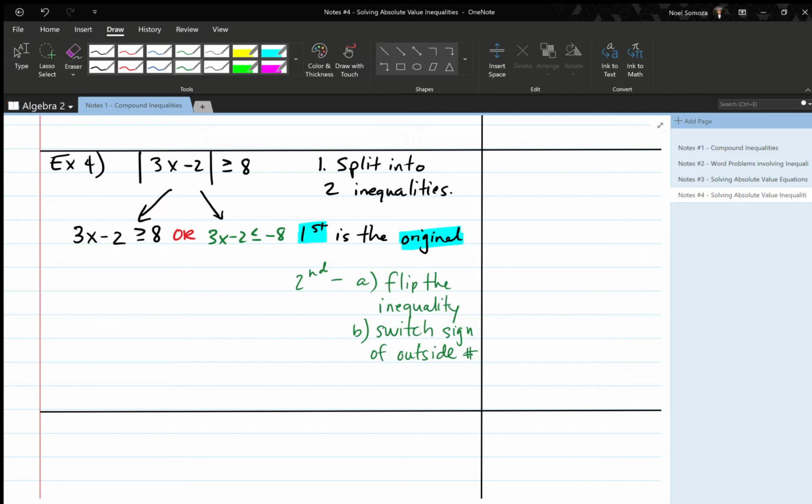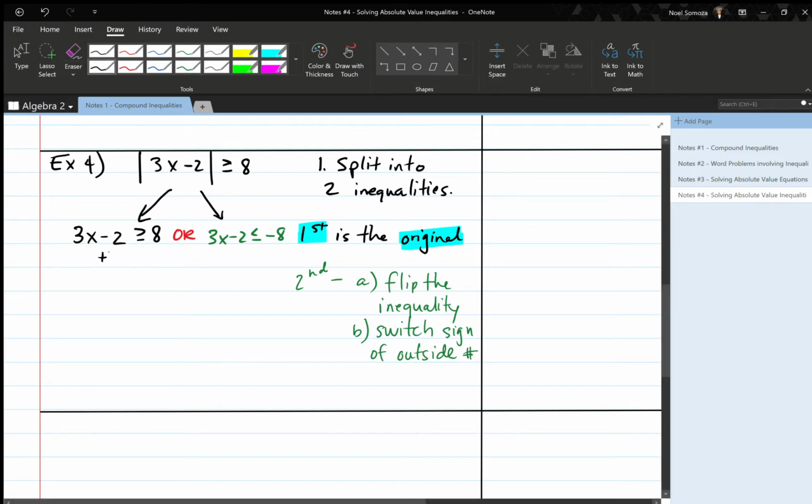Okay, so let's go through it. I want to add 2. So we end up with 3x greater than or equal to 10. Divide both sides by 3. x will be greater than or equal to 10 over 3.